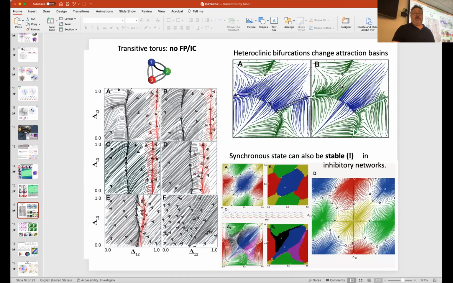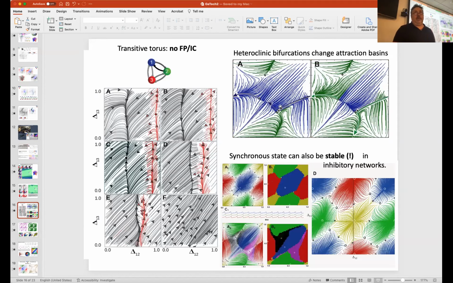So just another example, just to emphasize the role of heteroclinic bifurcations. So look at this map. You can see that it's mostly populated by the blue color, which means the basin of attraction of this point is largest. And then with a little bifurcation, all of a sudden, the blue basin of attraction shrinks and the green basin of attraction extends. Why? Because there is a heteroclinic connection between these saddles, right? So saddles are always behind global transformations, not local.